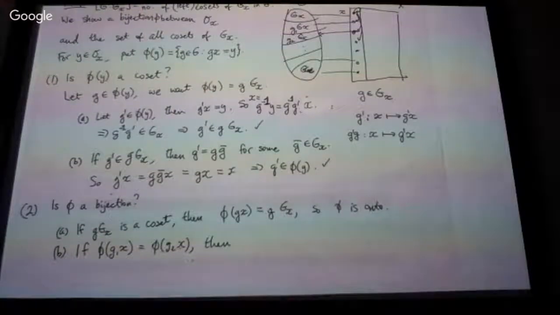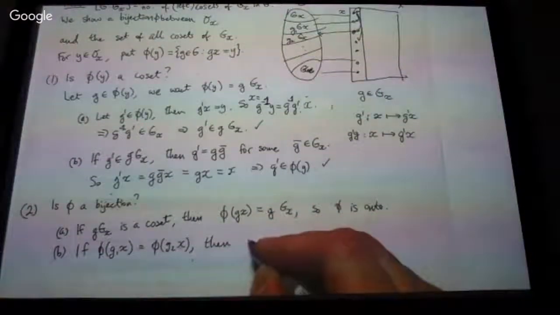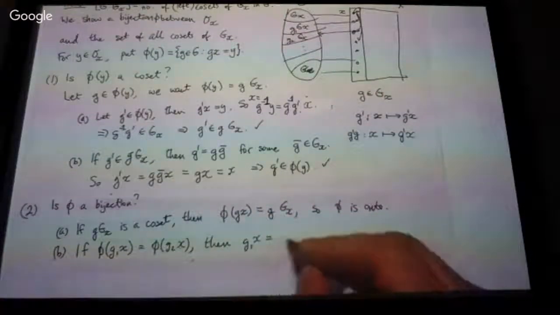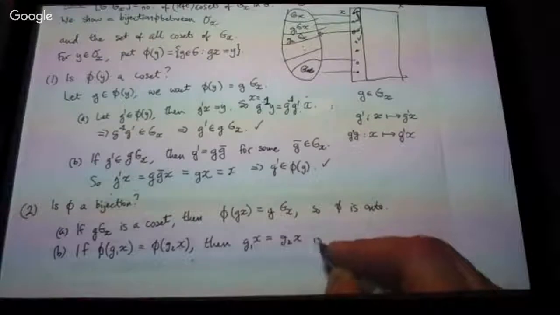So the coset of G1 is equal to the coset of G2. So that means that then G1x equals G2x is clear.